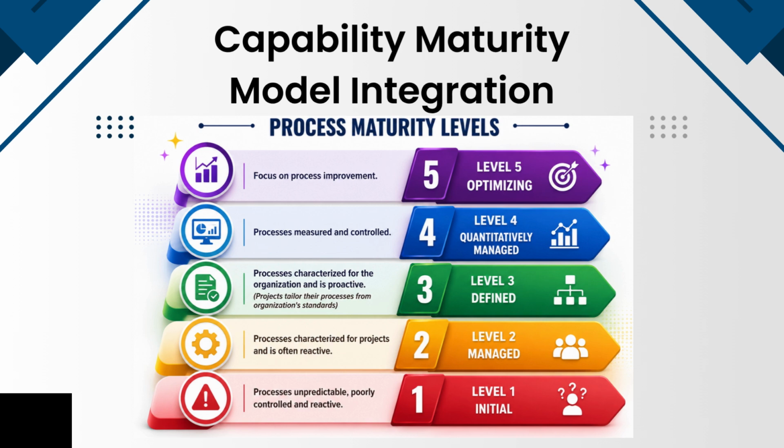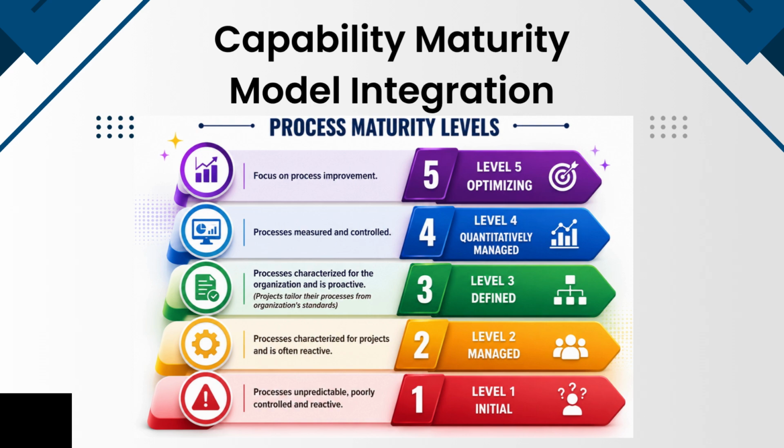Level 2, Just Managed. Next is Level 2, which is the Managed level. At this stage, the organization starts to plan, manage, and monitor its processes more effectively. Each project follows a basic management process including planning, tracking, and controlling. Although the processes are still project-based, they are more organized compared to Level 1. Level 3, Defined.